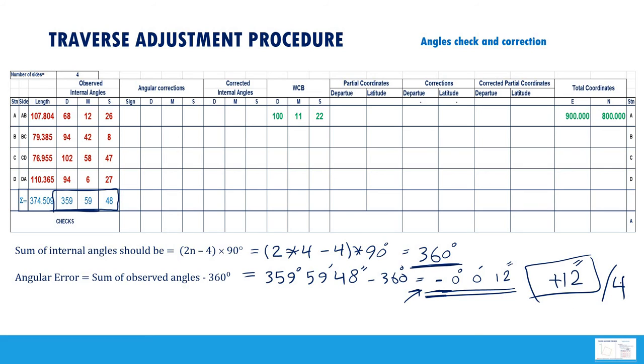So 12 divided by 4 to get the correction value for each angle. In this case, it would be plus 3 seconds for each angle. So here the sign would be plus. Because the error was negative, the correction would be positive, and the value of the correction for each angle should be 3 seconds in this case: 0 degree, 0 minute, 3 second.